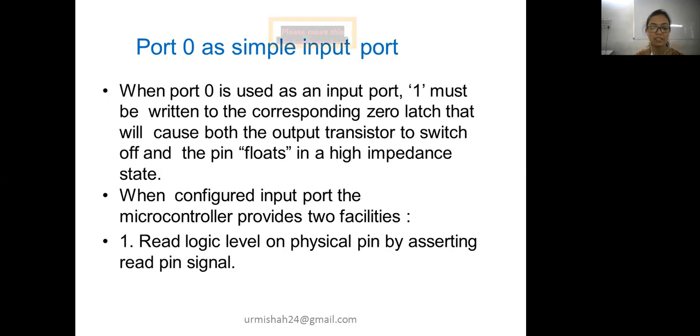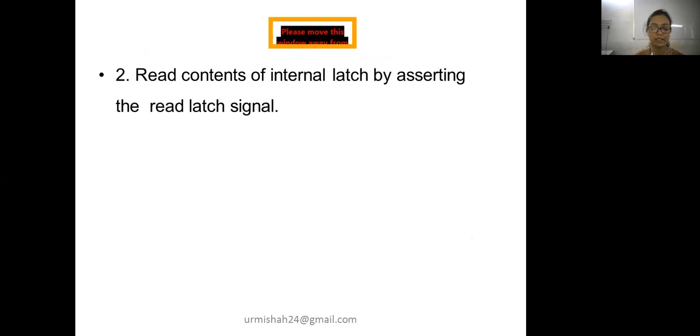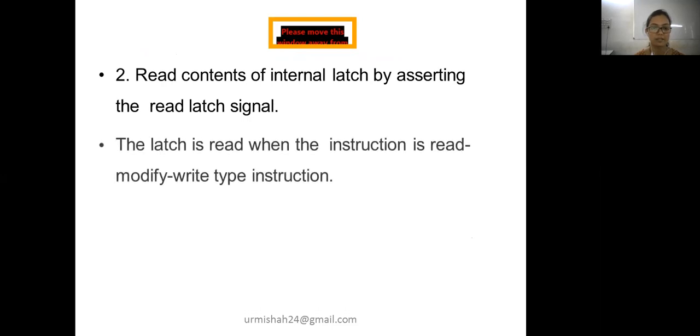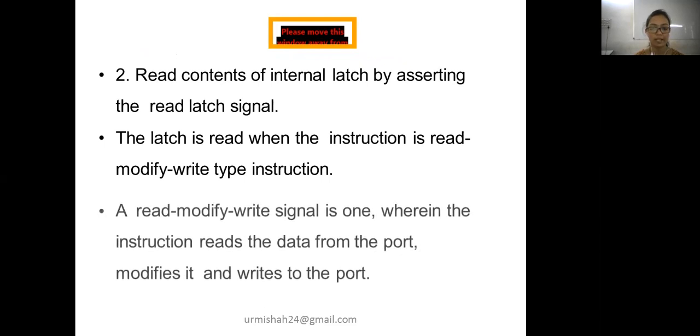This is one facility of reading the port. Now the next facility is making it treat as an output port, or a write logic level. Read contents of latch will be asserted by the read latch signal. We have already seen the block diagram.